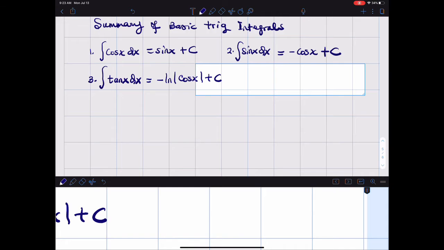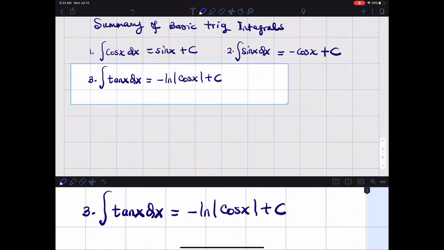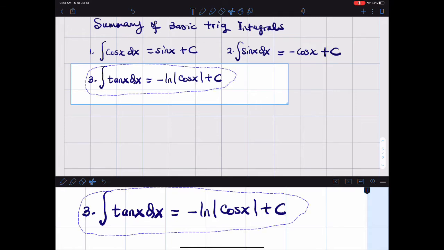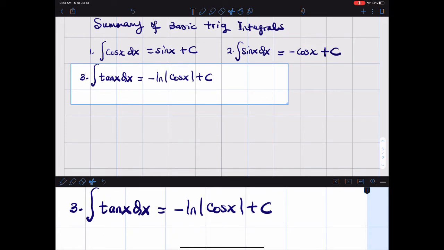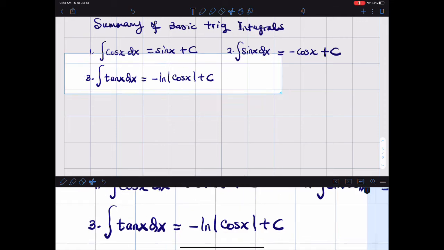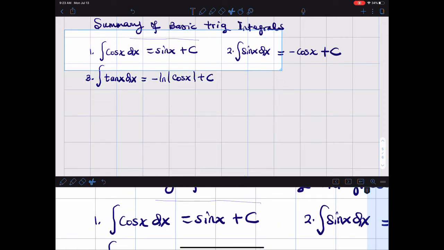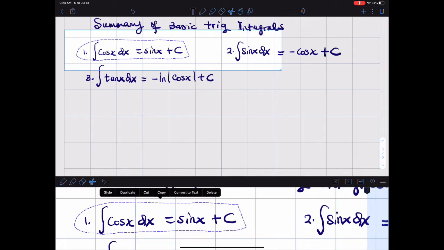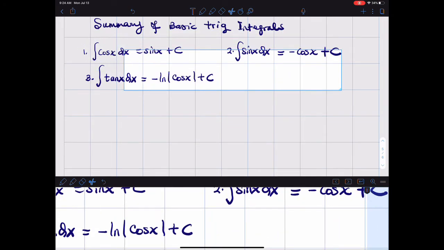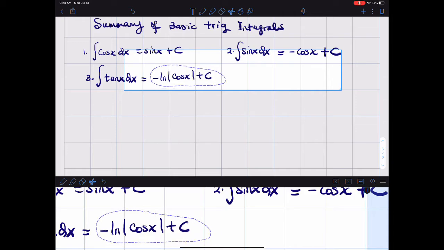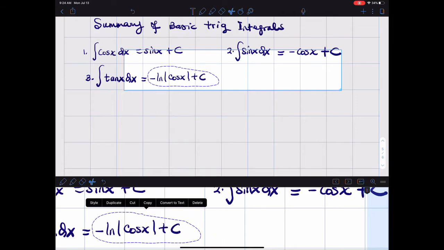Now, I want to squish this a little bit just to give me some space to write other things.